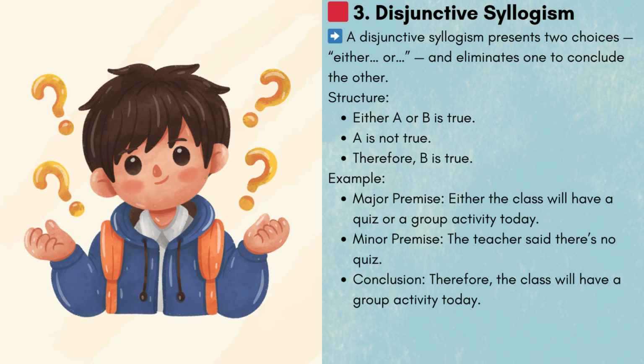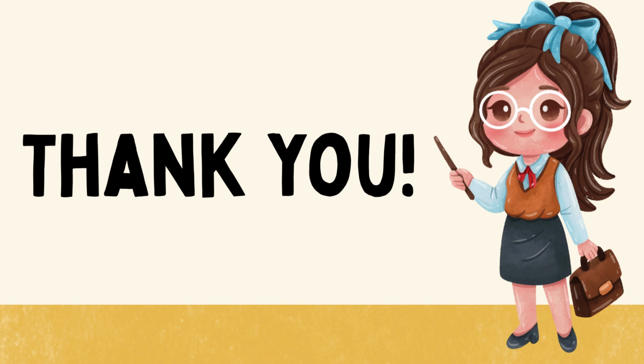Okay, so again, those are the three types of syllogism: the categorical, hypothetical, and disjunctive syllogism. So we learned that a syllogism is an important tool for logical thinking and reasoning. It helps us draw clear and valid conclusions based on given statements or facts.